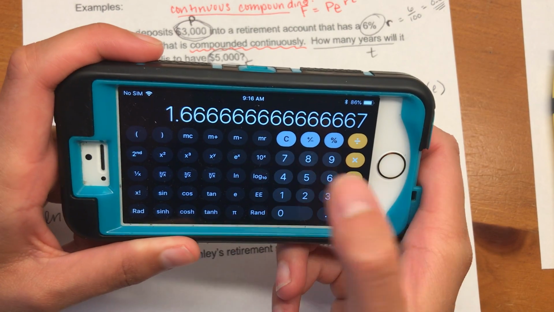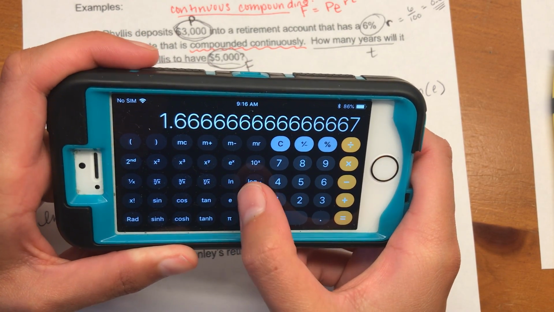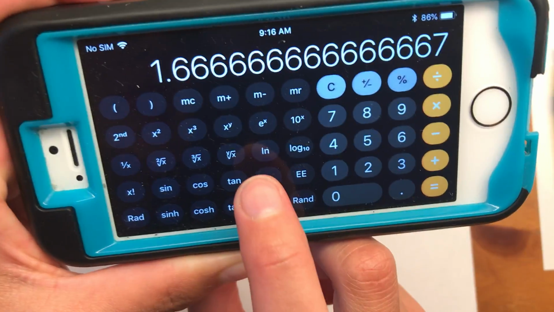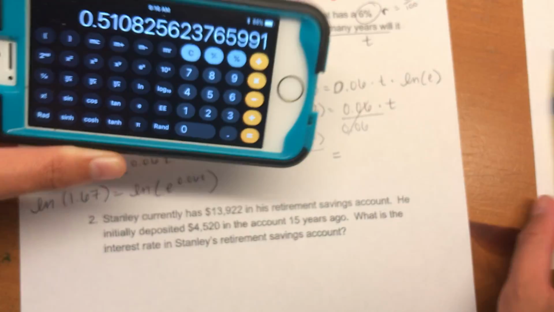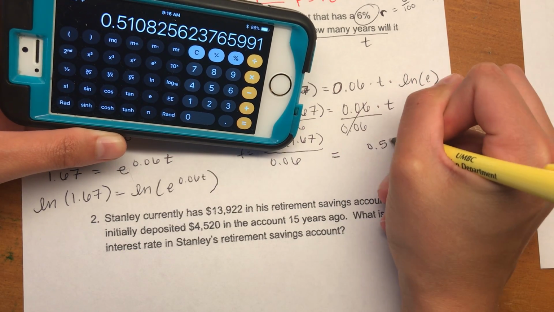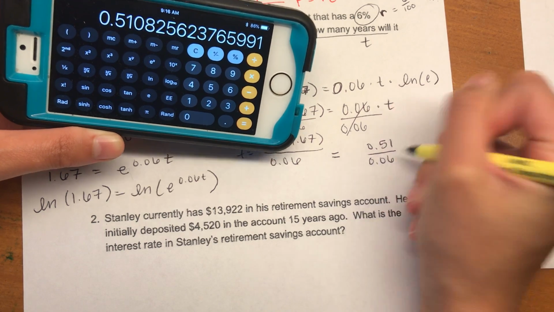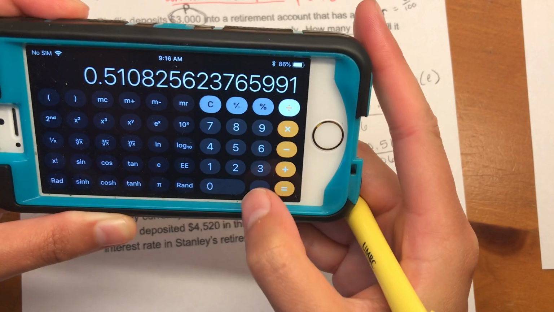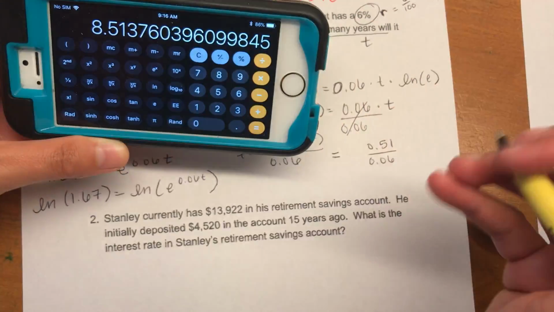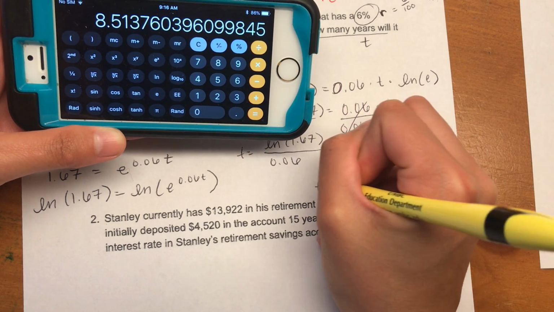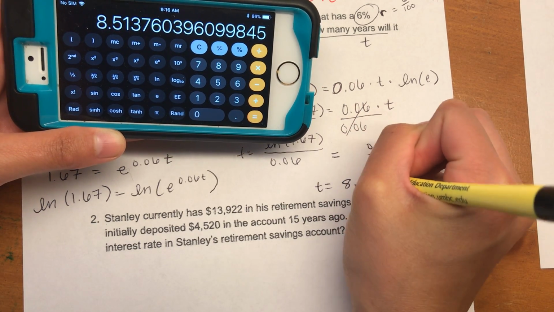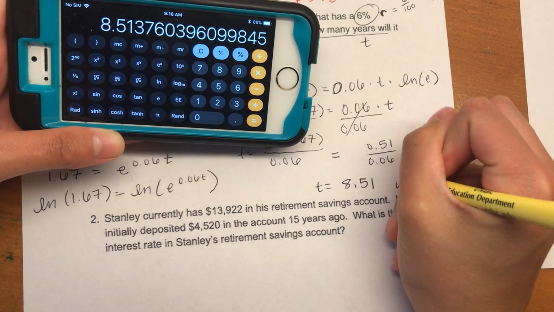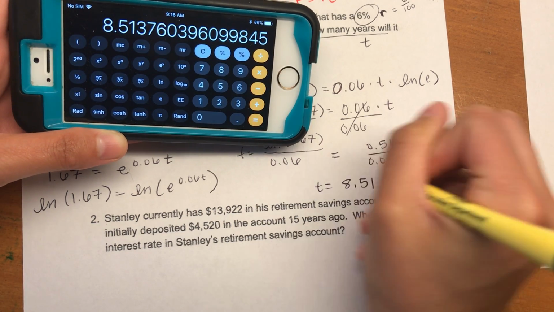The natural log of this, I've already got 1.67 in my calculator, and I hit my natural log button, is 0.51 divided by 0.06. And my t equals 8.51 years would be the units here.